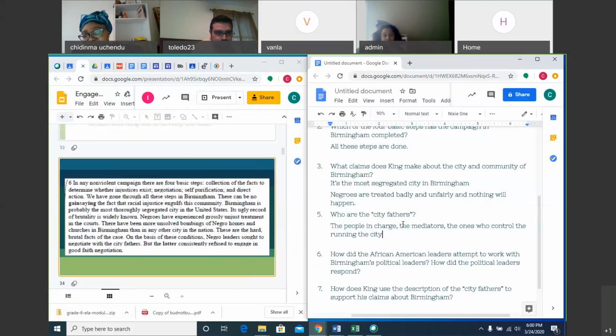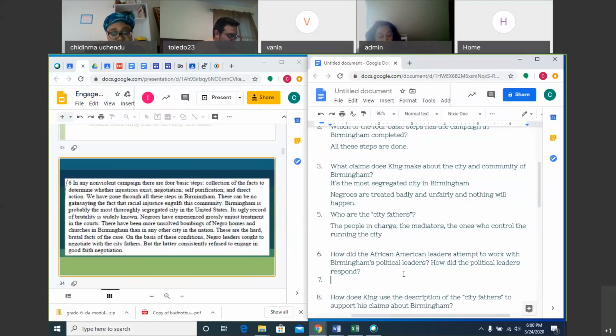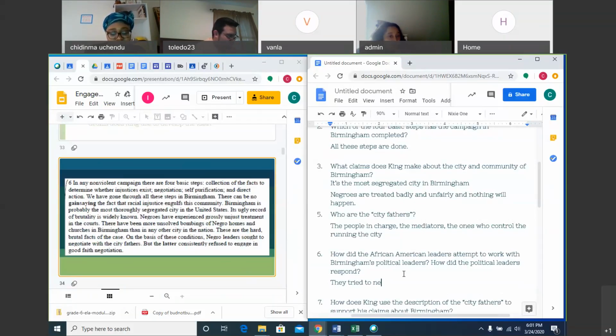Well, they tried to negotiate with the city fathers, with the people in charge, and try to find a way to have some kind of negotiation in good faith, something where both parties win, and we have a little bit of justice.